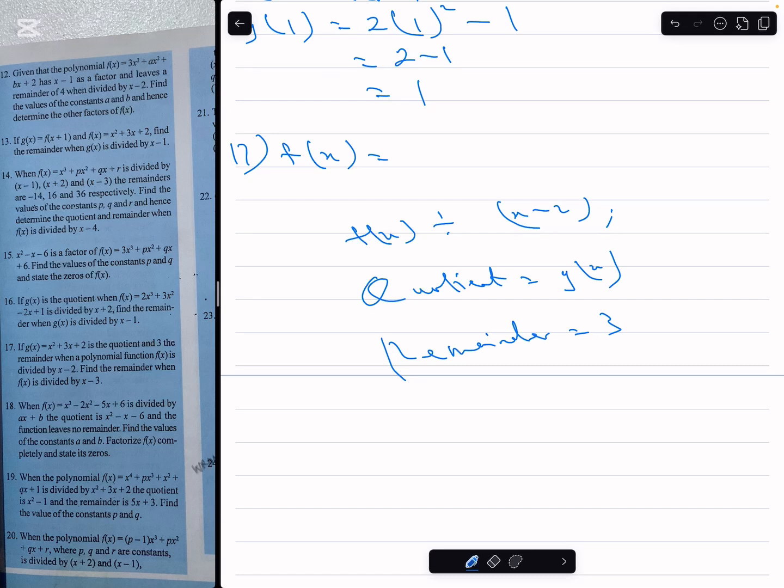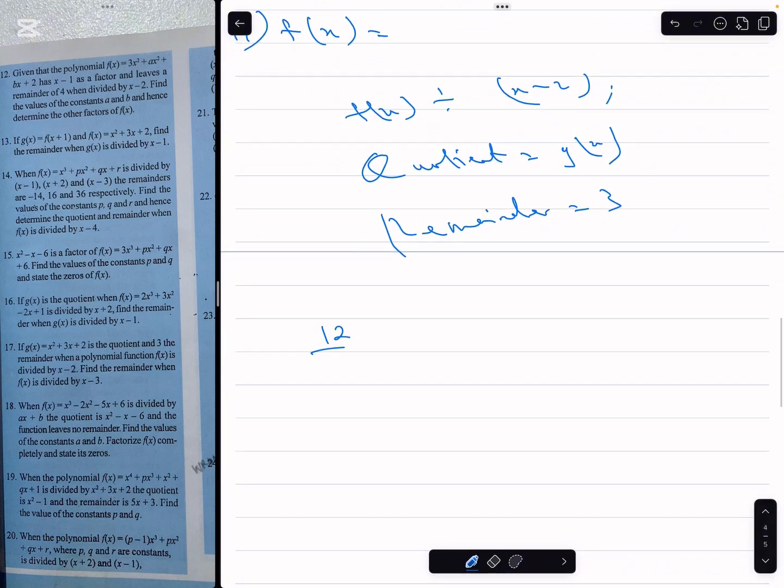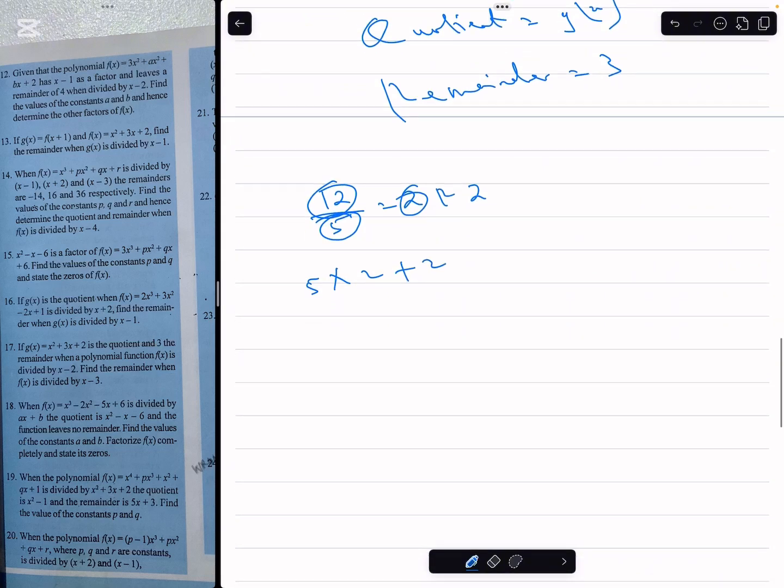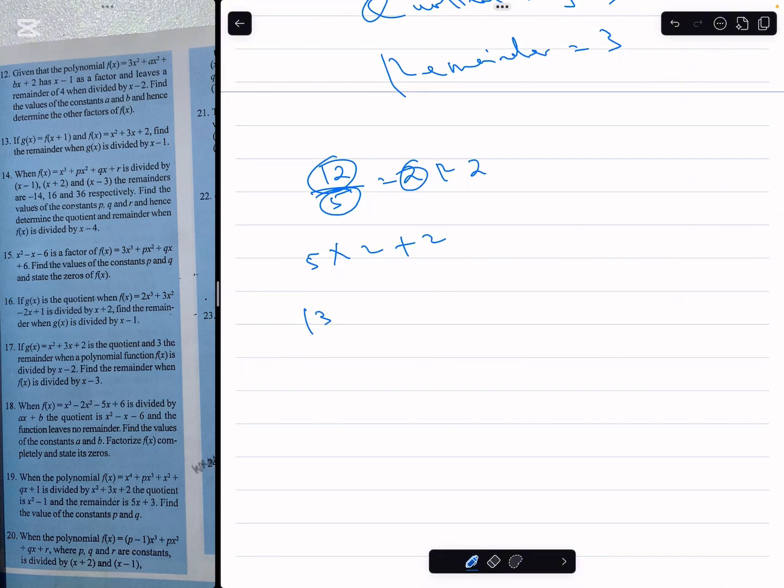First of all, I need to know f of x itself. If you divide 12 by 5, the result will be 2, and the remainder will also be 2. So to get this 12, we say divisor, which is 5, times quotient, which is 2, plus the remainder, which is 2. Or if you divide 13 by 5, the result will be 2, and the remainder will be 3.